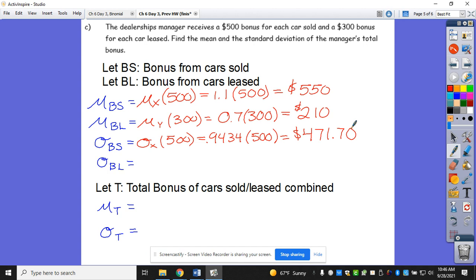So then here I'm starting with what, sigma? I do what with sigma y? Multiply by what? 300. My sigma of y was 0.6403. And that gives me 192.09.